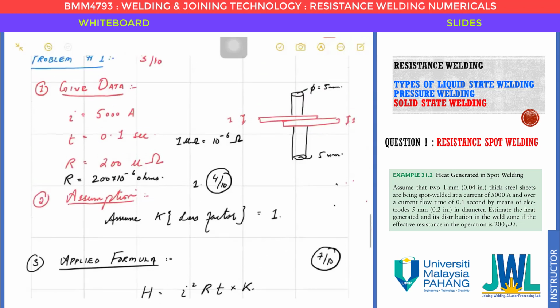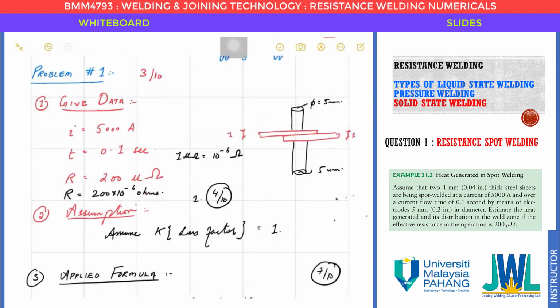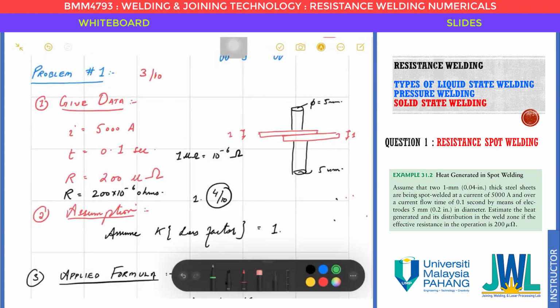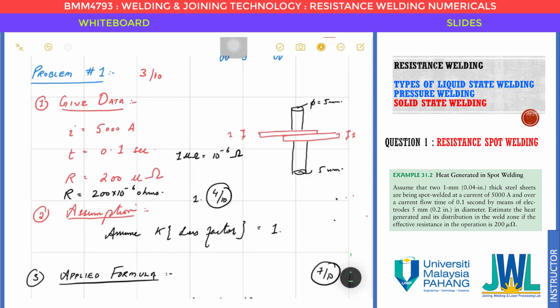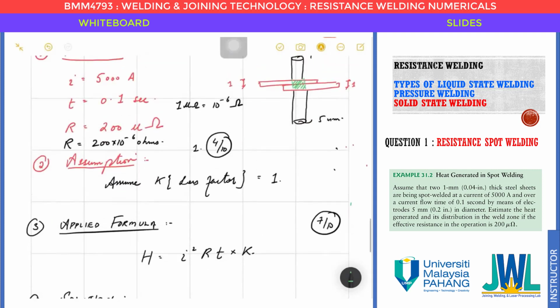So what is the volume of material welded? You go back and see that the welded portion is this one only. Because the electrode is circular, the welded portion will be circular also, and it will be 1 plus 1, 2 millimeters thick.